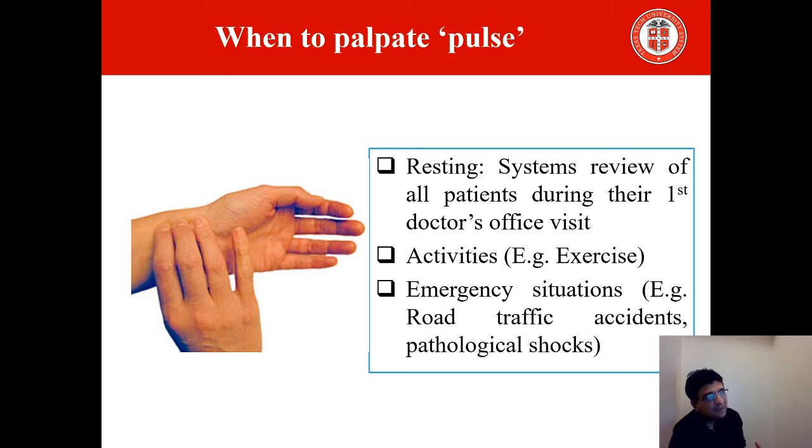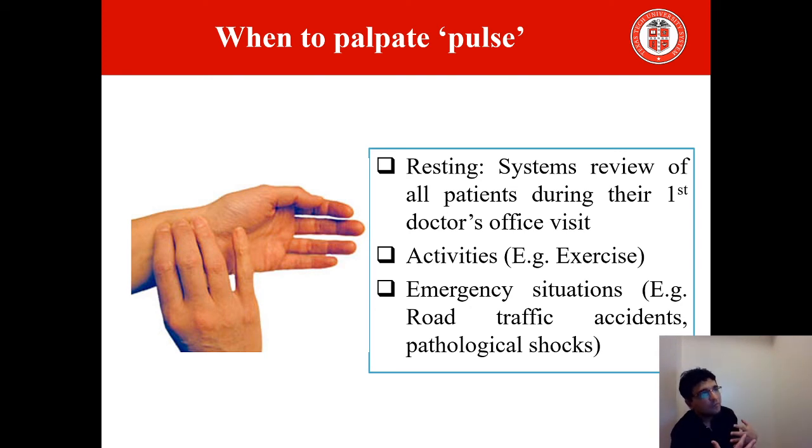If you're doing exercise and a lot of other activities, then also heart rate plays an important role. And in cases of a lot of emergency situations, for example, a road traffic accident, in cases of pathological shock, this pulse becomes really feeble, difficult to identify because of a loss of blood, the heart pumping less blood, and the pressure is not big enough to reach the peripheral arteries.